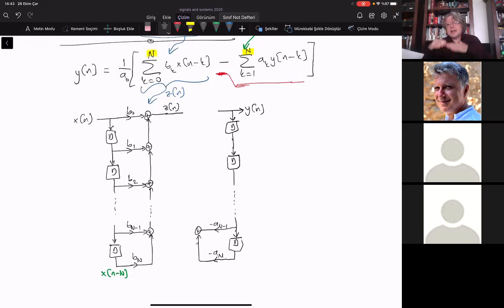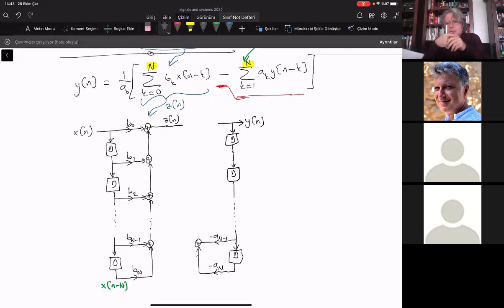So the last layer, the bottom layer, is going in the reverse direction by multiplying with minus a N, and the one before that is minus a N minus 1. And it goes up all the way. For example, at this point, it will be minus a2, because here I will have this way corresponding to minus a1.